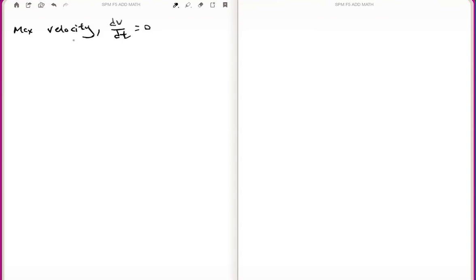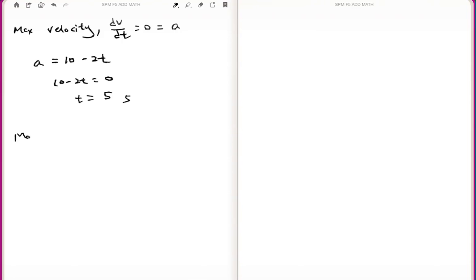That's the rule, the turning point for this curve. Where dv dt is actually acceleration, so you use the acceleration equation, 10 minus 2t, and equate it to 0. Therefore my time is 5 seconds. When t is 5 seconds, you get the maximum velocity.